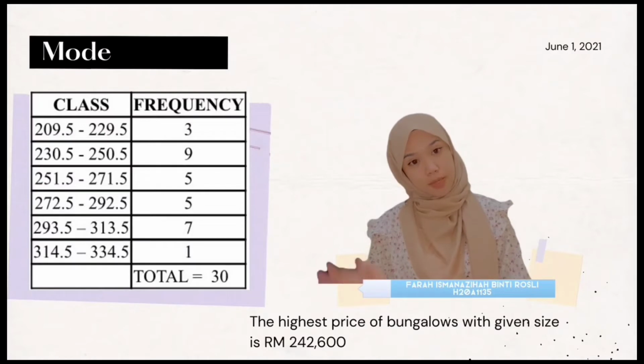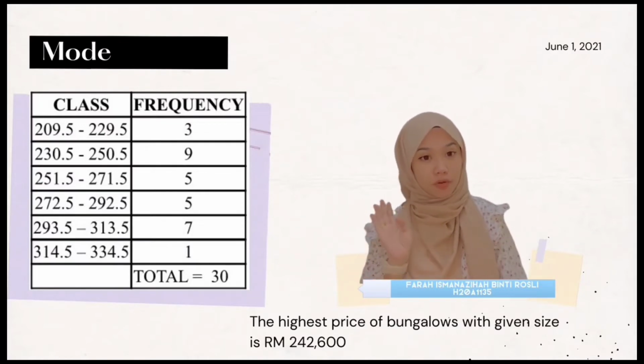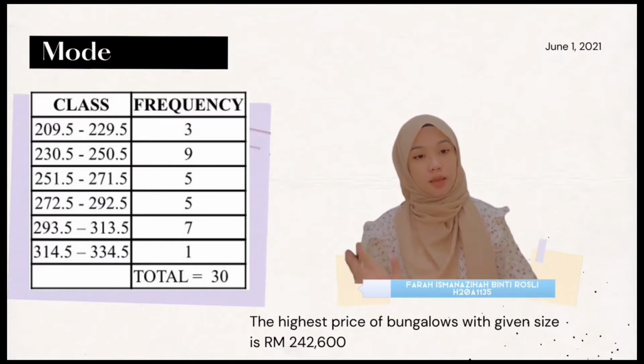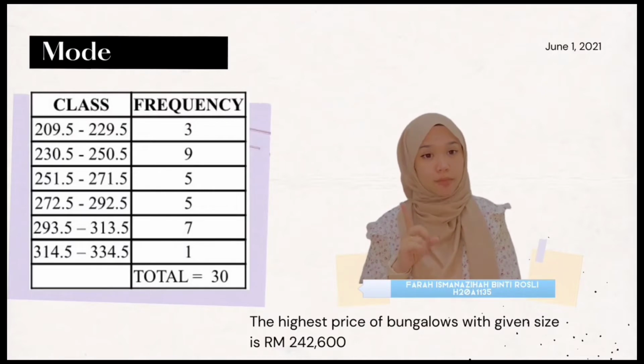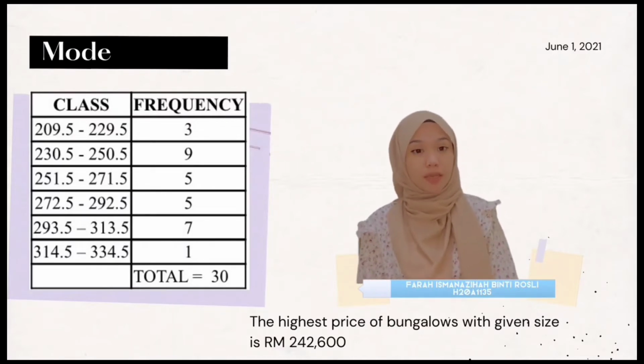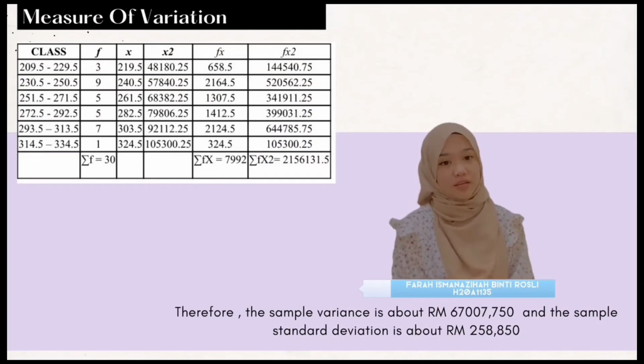From the table, our mode is 242.6. That means the most common price of a bungalow with the given size is RM 242,600.